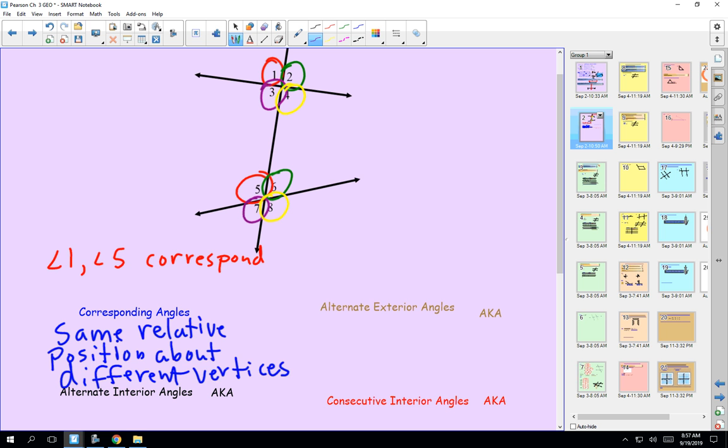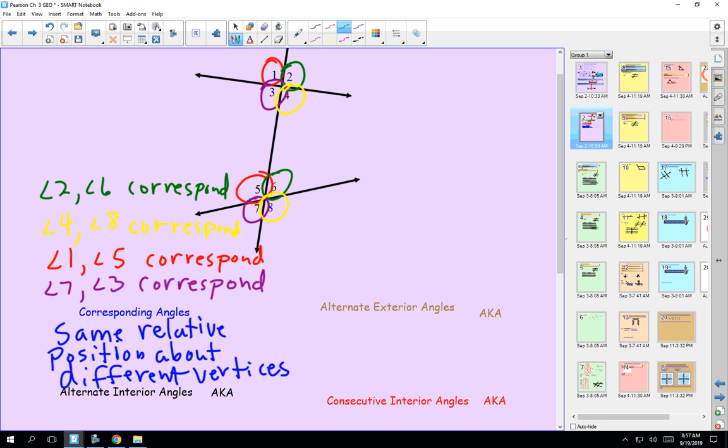Or angle 7 and angle 3 correspond. Or angle 4 and angle 8 correspond. And then finally, angle 2 and angle 6 correspond. So we've got 4 pairs of corresponding angles.